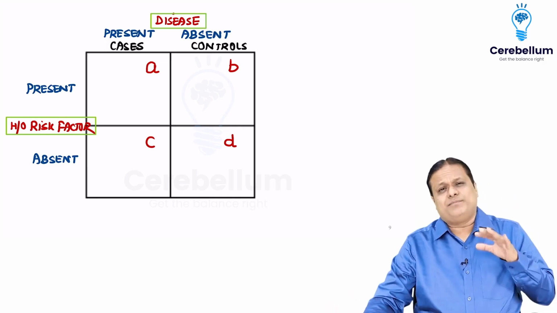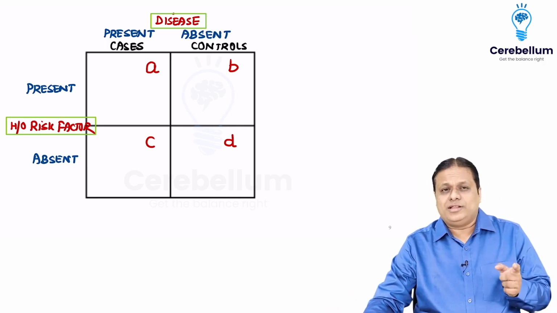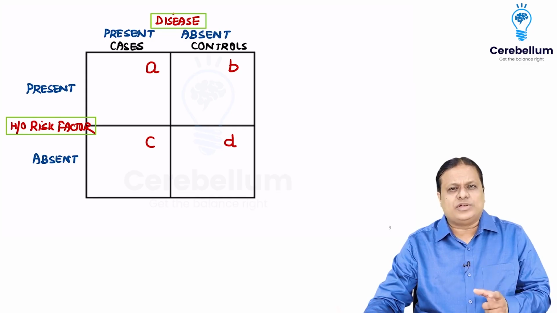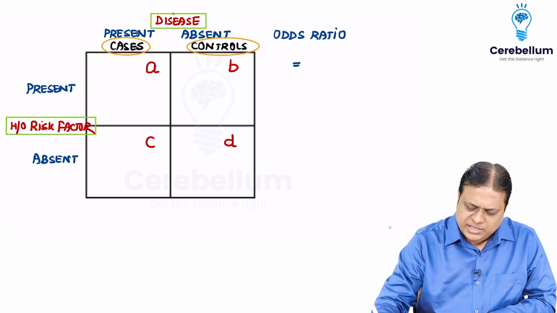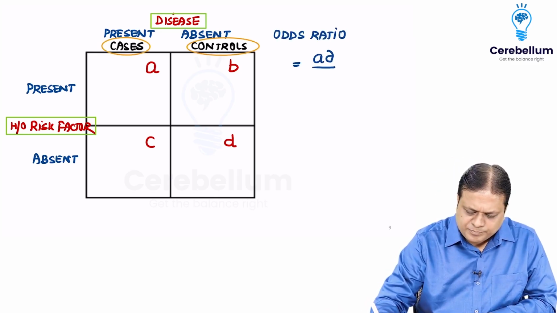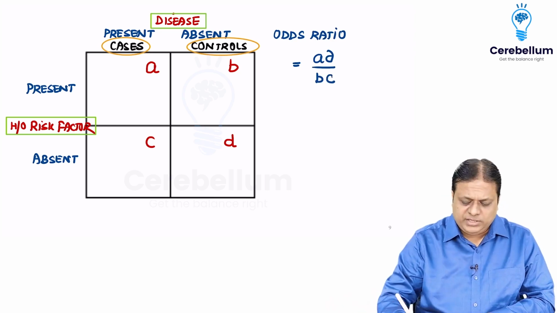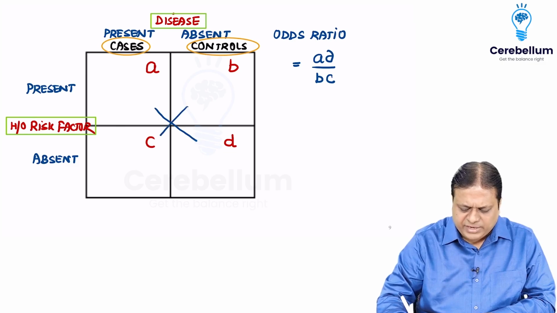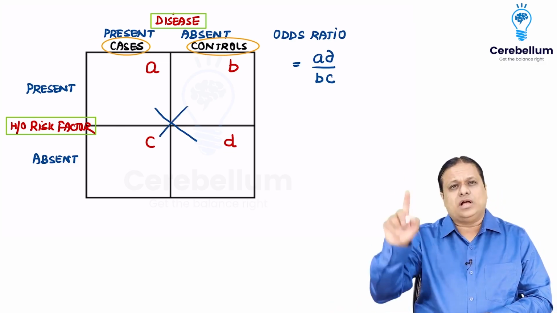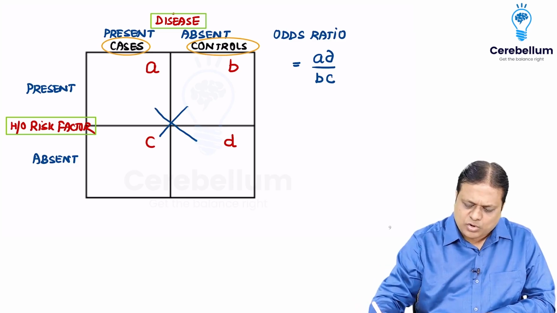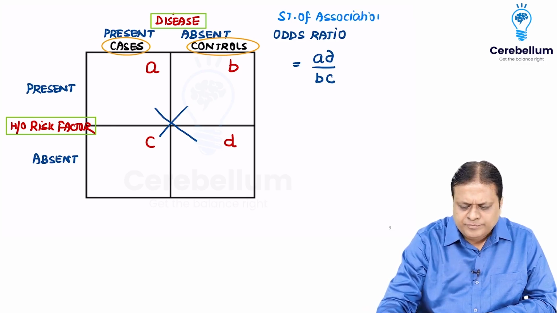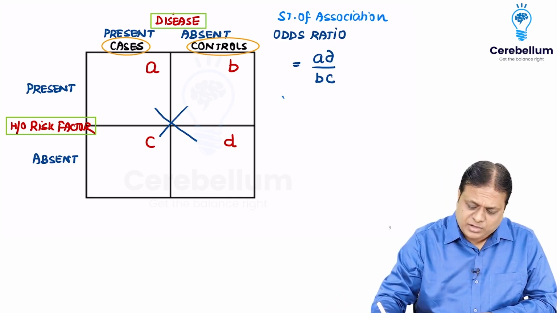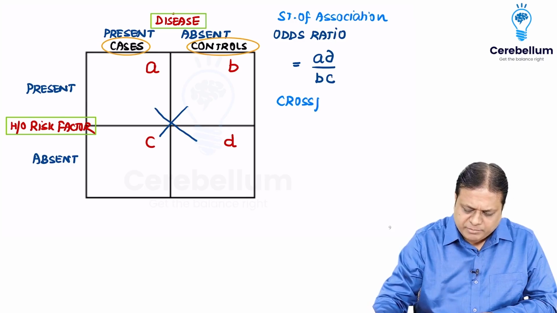Now, in this particular case control study table, you are in a position to calculate strength of association, odds ratio. What is the formula for that? This formula is AD by BC. Now, if you look carefully, A into D divided by B into C, we are doing a cross multiplication. So, odds ratio, which is the strength of association in a case control study, is given by cross product ratio from the table.